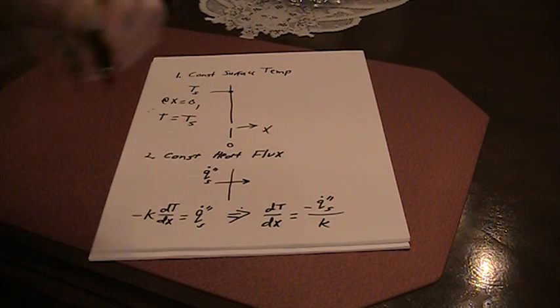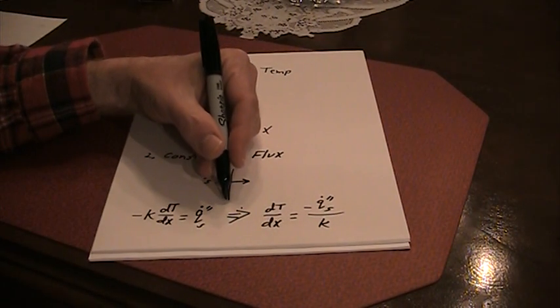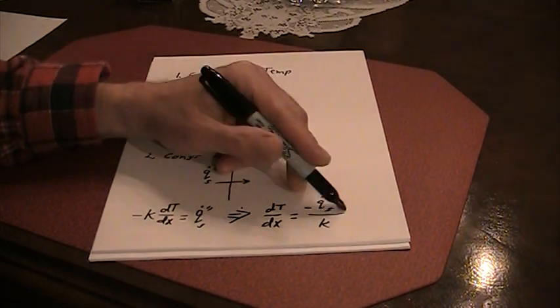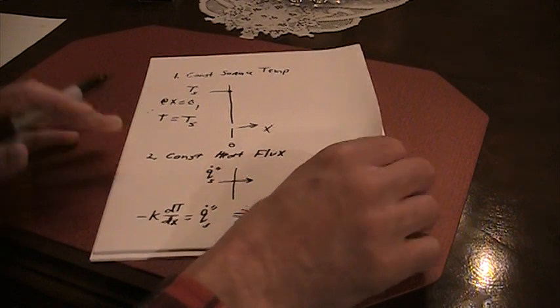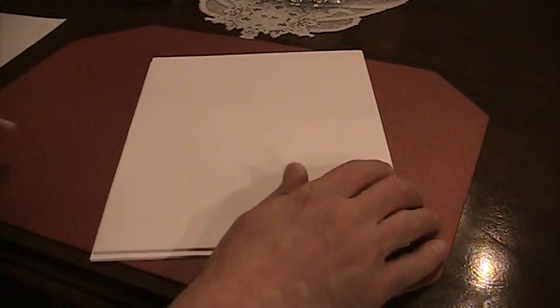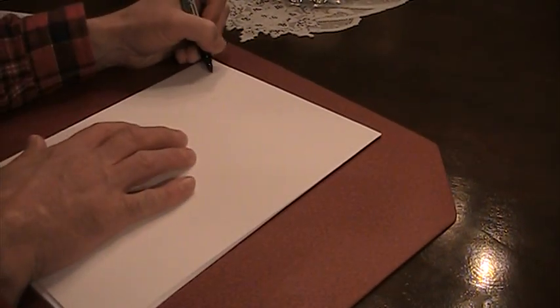So at X equals 0, right here, dT/dx is equal to all this, and this will all be known.